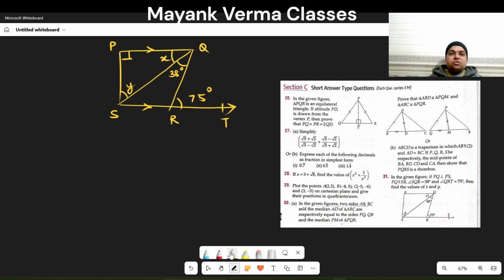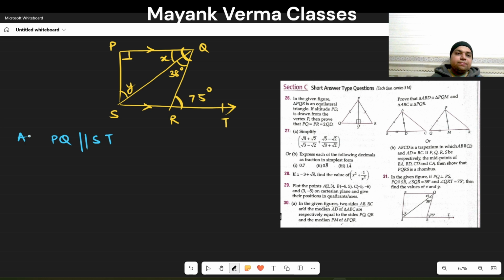Very simple. So you can say that this angle Q should be equal to 75 degrees. Right, angle Q, first I will say that PQ is parallel to ST. As PQ is parallel to ST, then angle Q should be equal to 75 degrees, alternate angles.